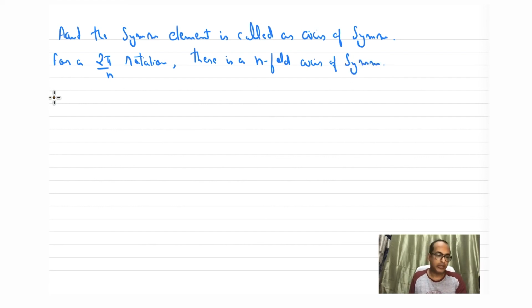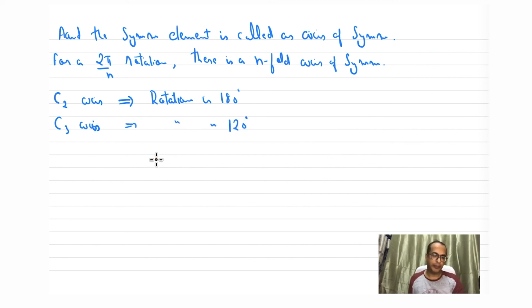If we say that there is a C2 axis, this would imply that the rotation is, yes, you guessed it right, 180 degrees, right? 2 pi by 2 is 180 degrees. If there is a C3 axis present, the rotation is, tell me, 120 degrees, right?